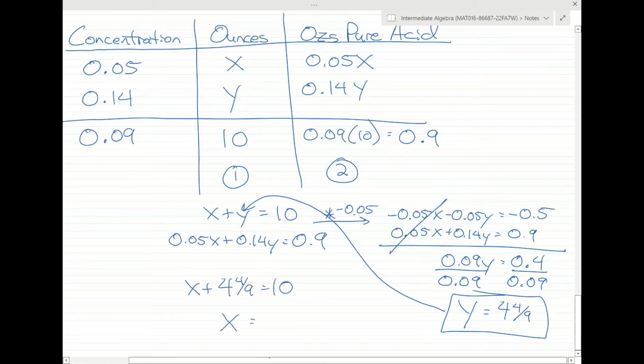So if we do 10 minus that number, we get 5 5/9. Yeah, I'll show you the next one. You'll see that they're all kind of similar. Okay, it is a little tricky.